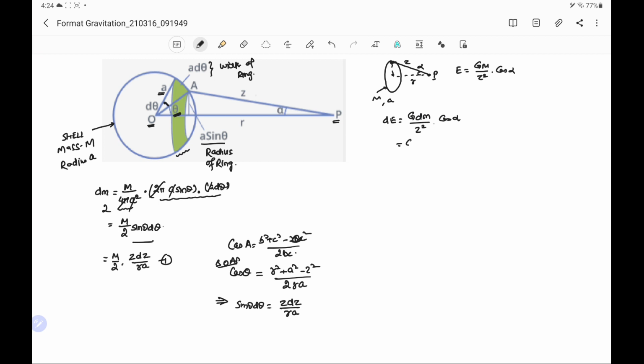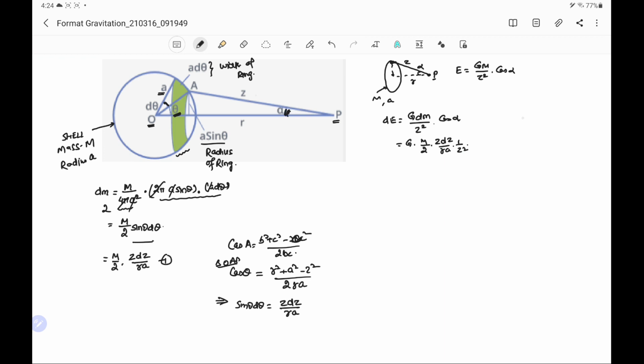Substituting the value, dm is m by 2 into z dz by ra, and the remaining is 1 by z square. Now we have to put the value of cos alpha. This is the angle alpha.